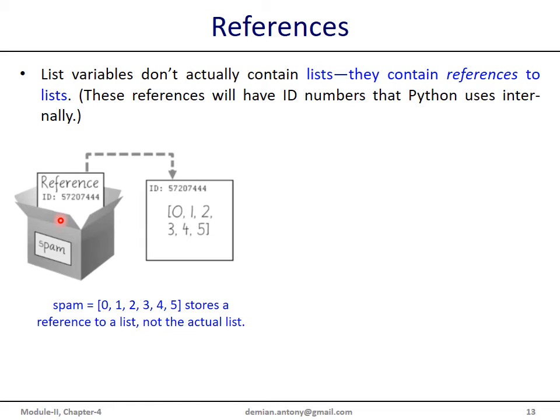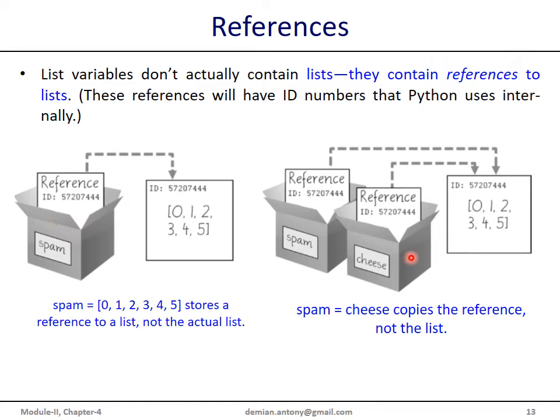Actually it is a base address of a list. And if you assign spam to cheese, what exactly we are doing is creating another reference, a variable which holds the same identifier of the list containing 6 elements, 0, 1, 2, 3, 4, 5.